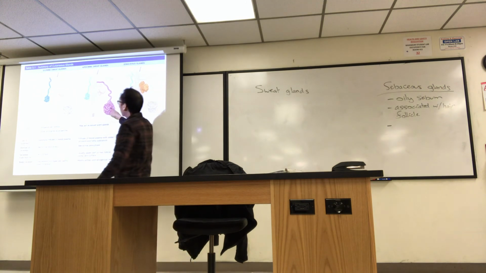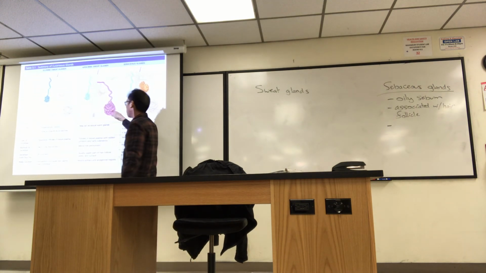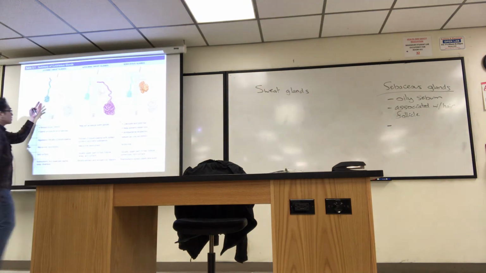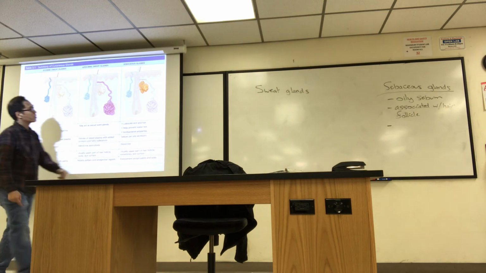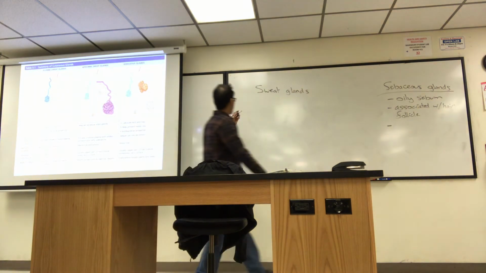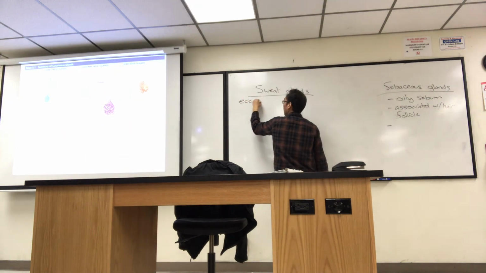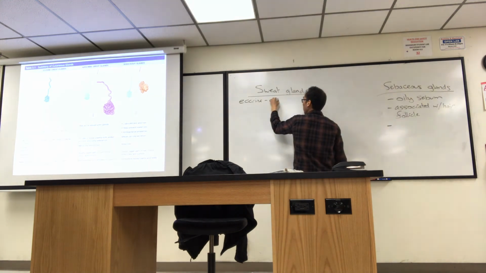These 2 sweat glands, that one and this one, this is the Eccrine sweat gland. This is your predominant sweat gland that you see most everywhere. I'll just say they're all over your skin, everywhere.